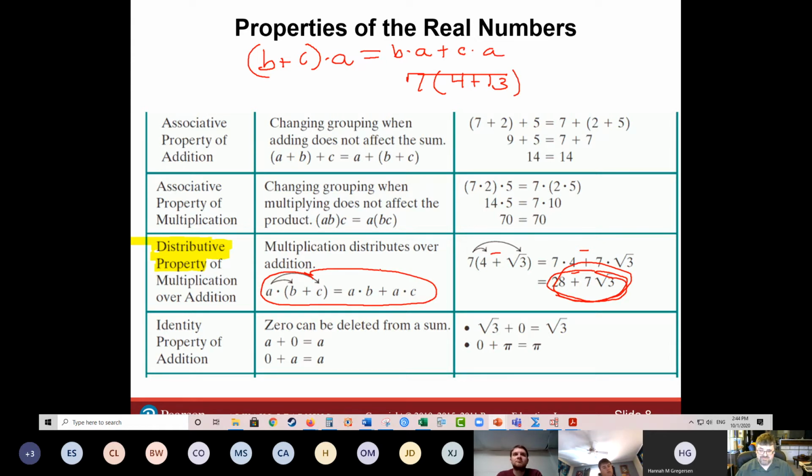You see the two versions of it here. If I have some real number A and I add 0 to it, my answer is going to be A. If I start with 0 and add some real number A to it, my answer is going to be A. We say that 0 is the identity element of addition.